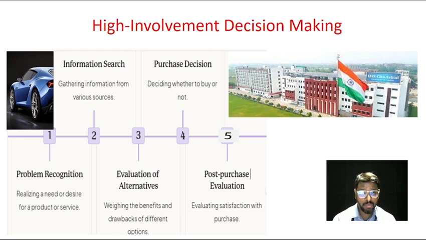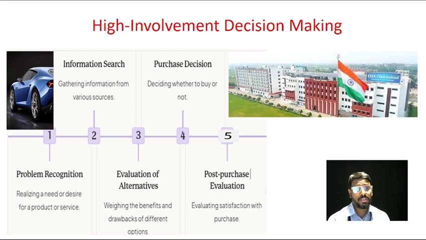Because the first step is problem recognition, because it is all about the career, right? So what is problem recognition? After 12th, a lot of queries are generated by the 12th pass student: which course we have to opt for, which college we can join. These are the various problems generated by students.